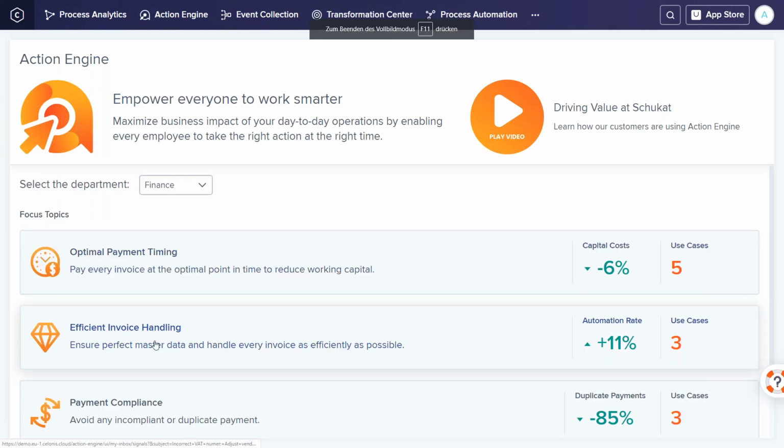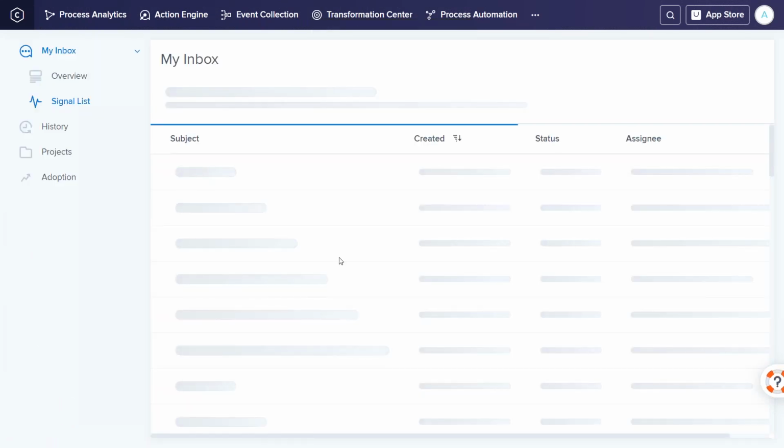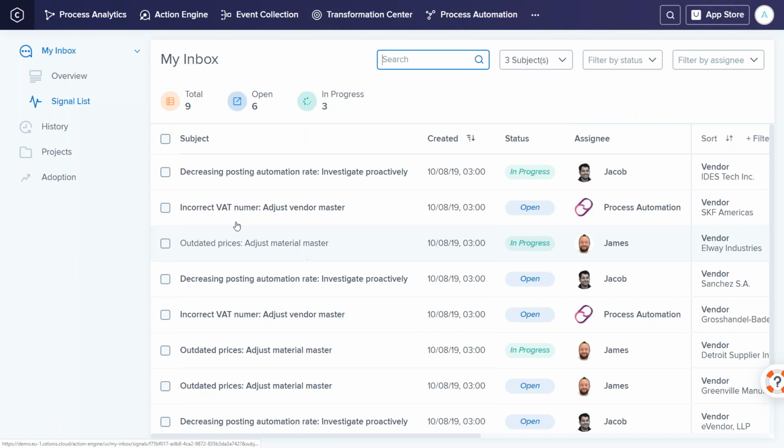If I look at this example in finance, then I would receive, as an accountant, the signal, hey, you have outdated prices here. Please adjust the material master.